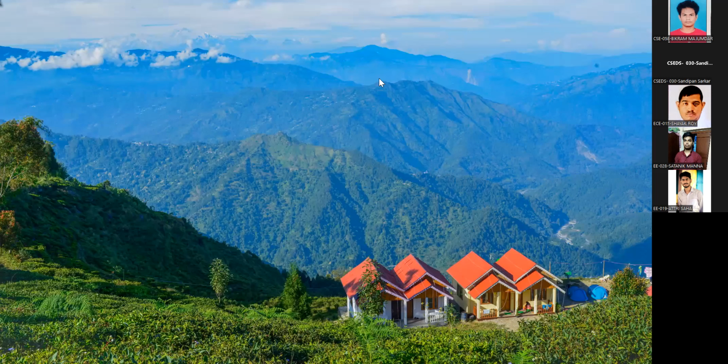This is a simple landscape photograph that you may present. The colors, lights and shades should be proper.